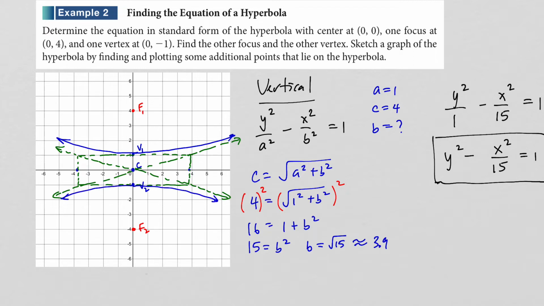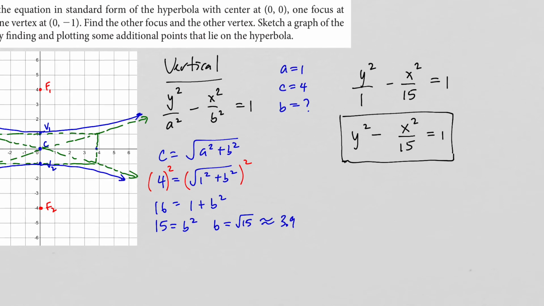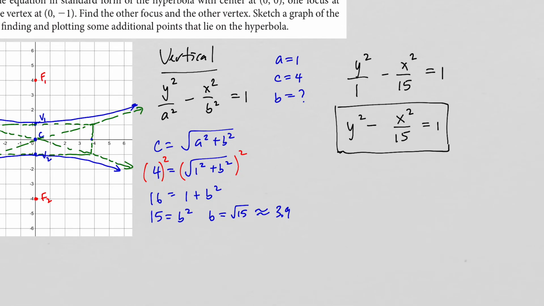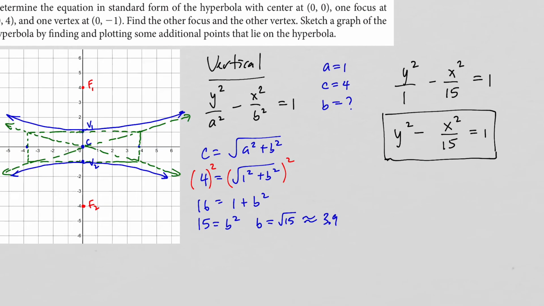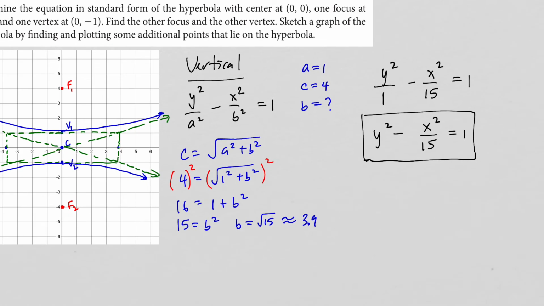Okay. Now, just to be fair, if you really did want to get additional points on the curve, you could just plug in a number for x or y here. So, for example, you could plug in x equals the square root of 15.